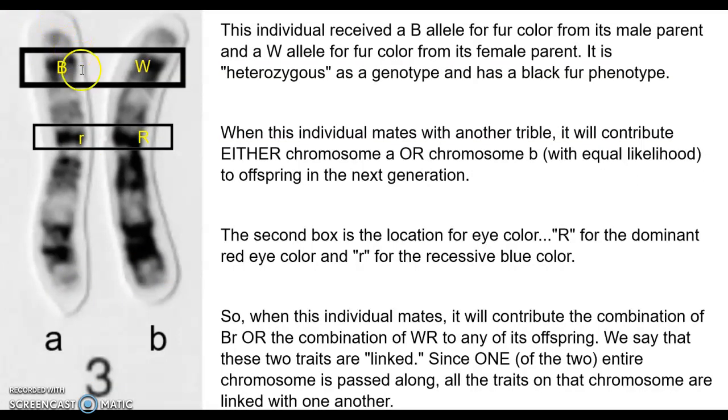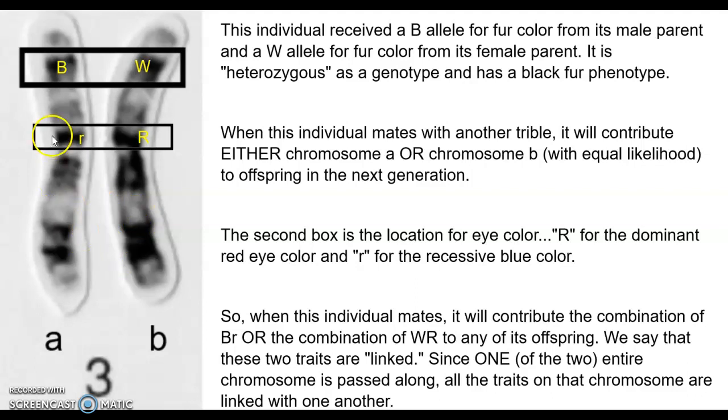This second box down here is the location for eye color, and you might recall that capital R was the dominant gene for red eye color, and little r was for the recessive blue color. When this individual mates with another tribble, it's going to contribute either the combination of big B little r to an offspring or W big R to an offspring, because the entire chromosome is passed on. One of these pairs is passed on to any given offspring with equal likelihood.